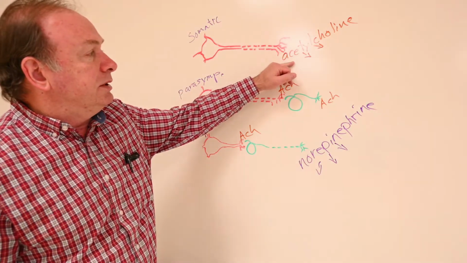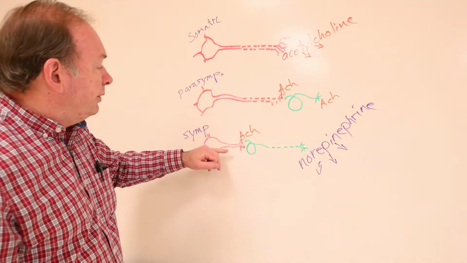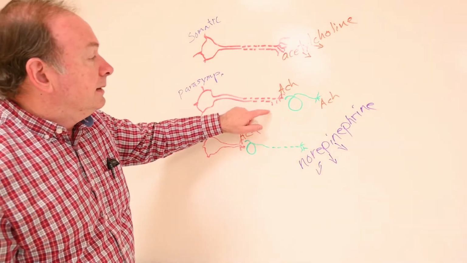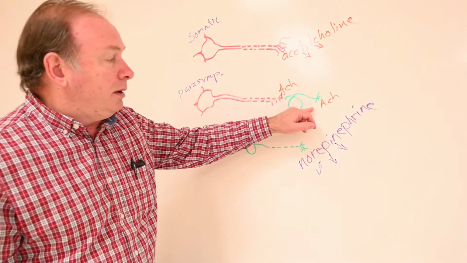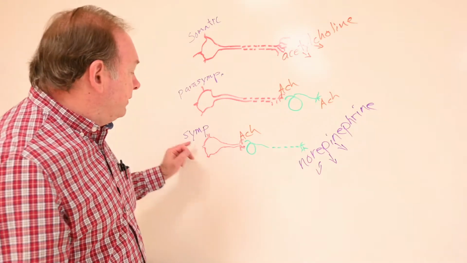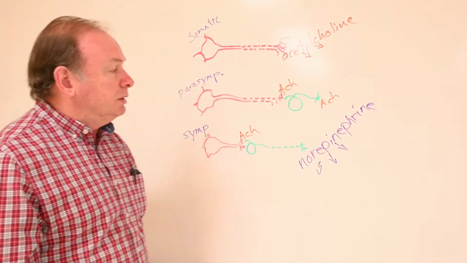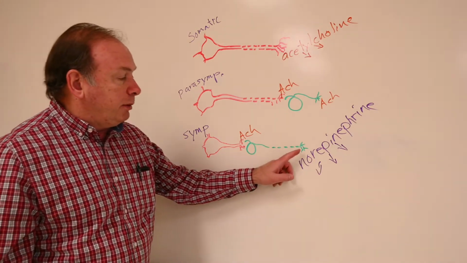Acetylcholine is always used at skeletal muscle and from preganglionic fibers, whether it's parasympathetic or sympathetic. Acetylcholine is used by parasympathetic, typically, not always, but typically, to bring about its effect, and norepinephrine from the sympathetic branch at the effector from the postganglionic fiber.